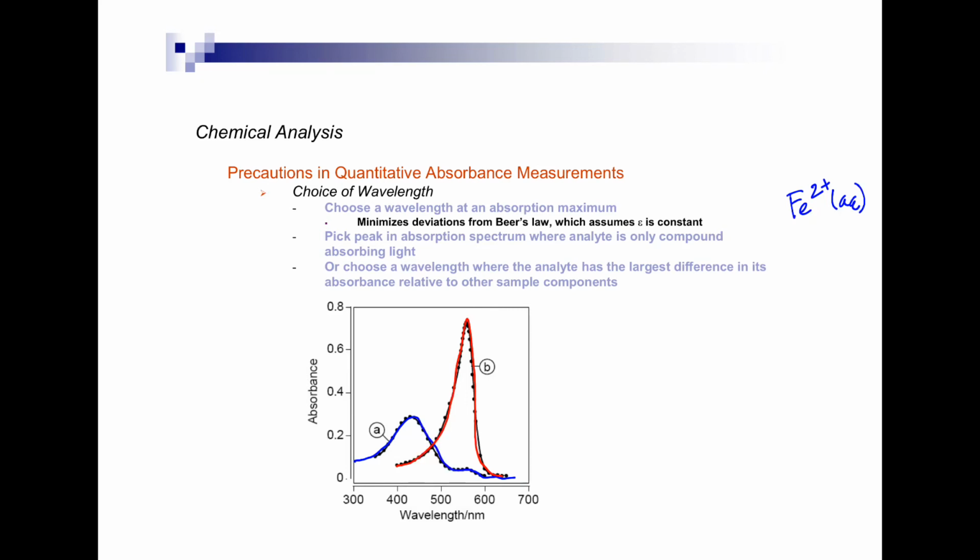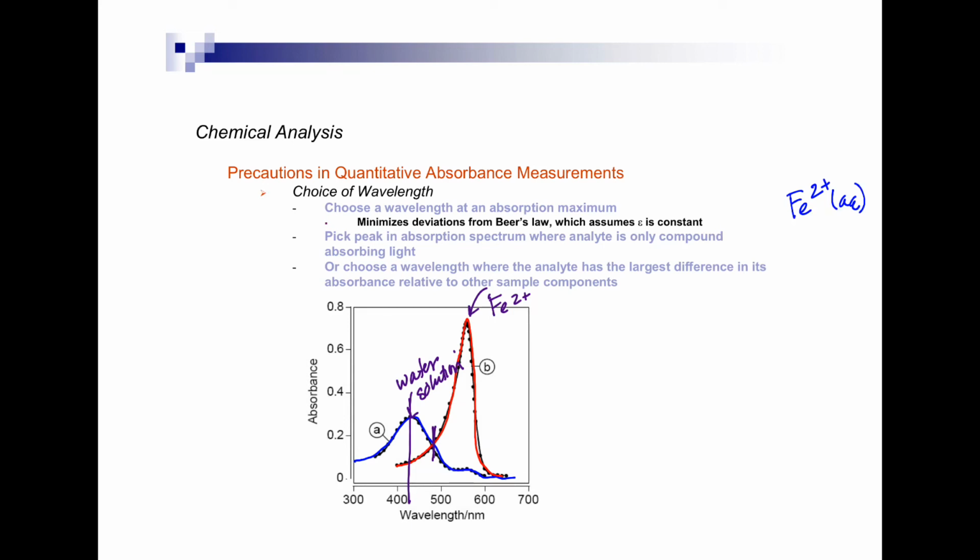So when we look at the different parts of this combined spectrum, this wavelength would be good for our iron. This wavelength here would be good for maybe the water or the solution. And this wavelength would be not good for either one of them.